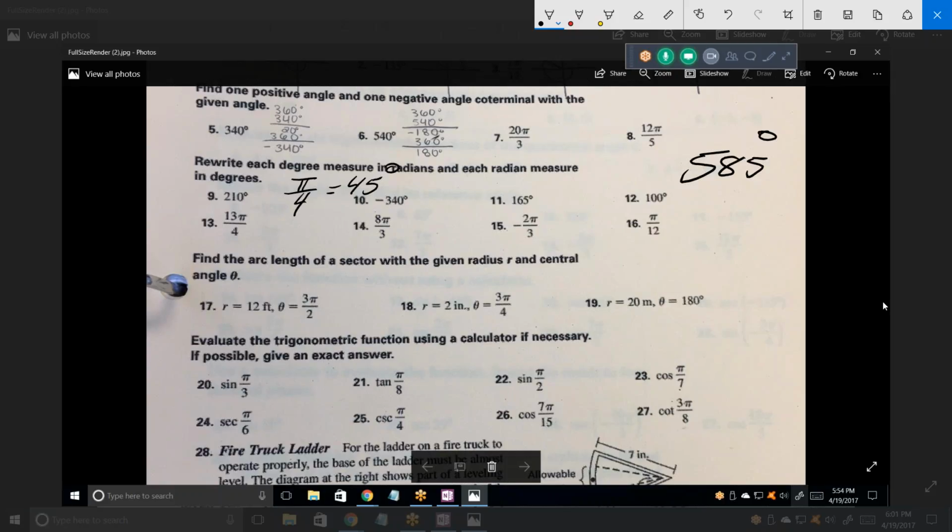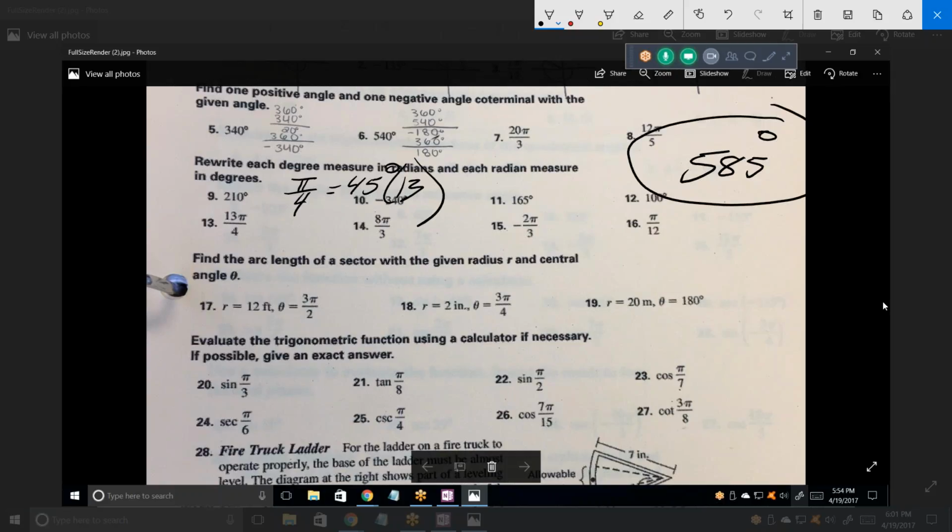So what's 13 pi over 4 going to be? 13 times 45. Which is what I just did, right? Yeah, it's exactly the same thing you did.